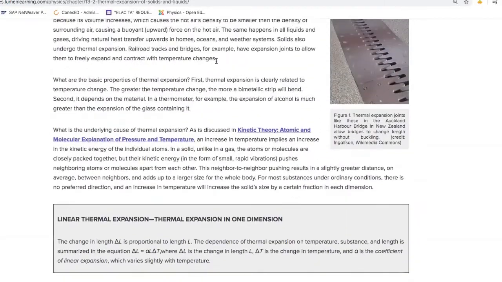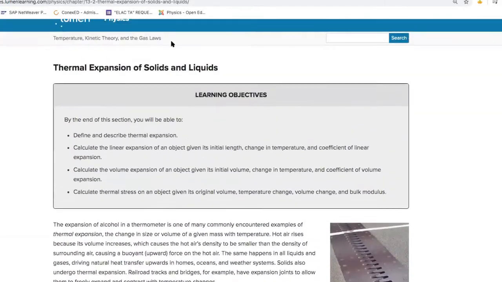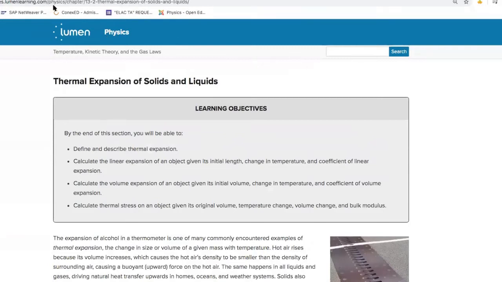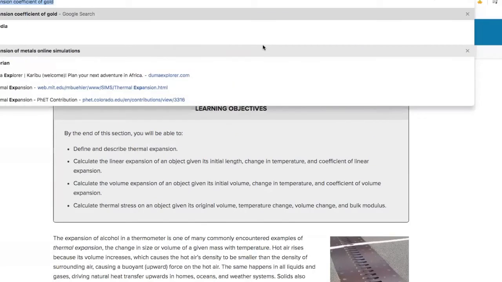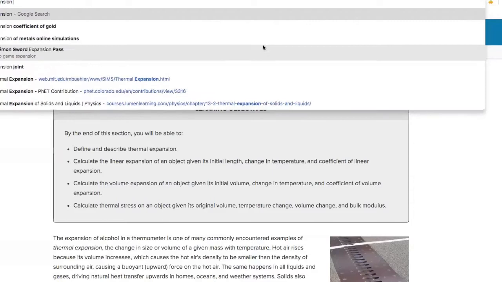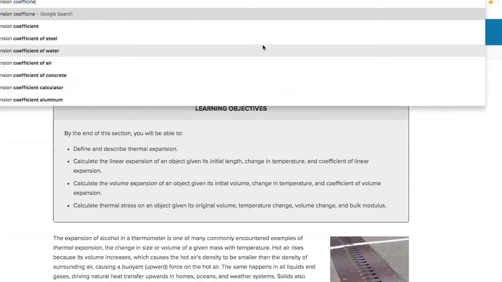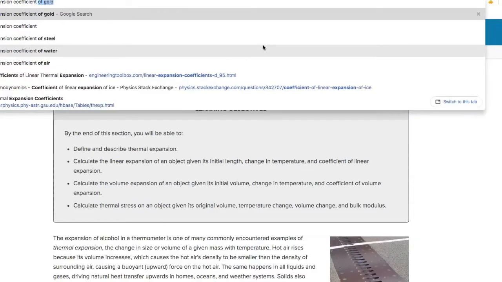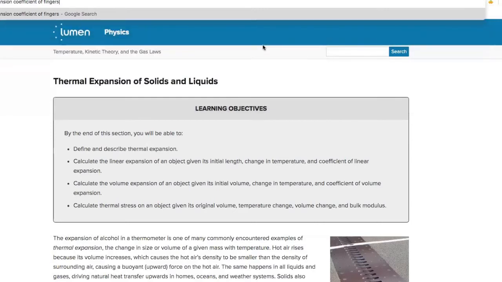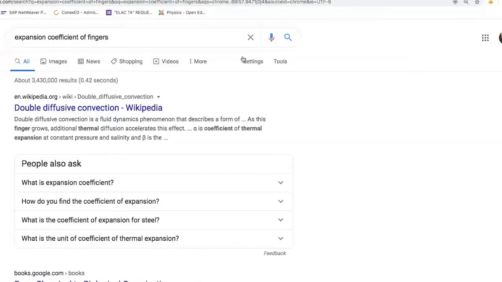Maybe bone, right? Expansion coefficient of finger. I don't know if it will give it.